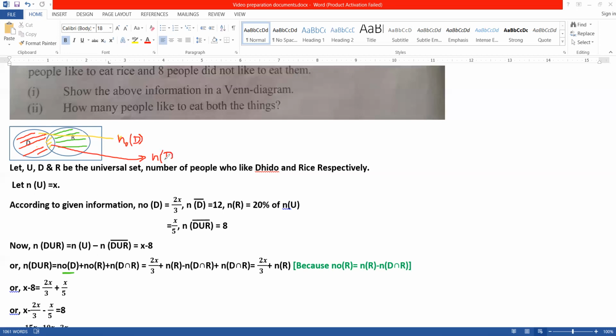That means those who prefer both. And this green color part is only R.